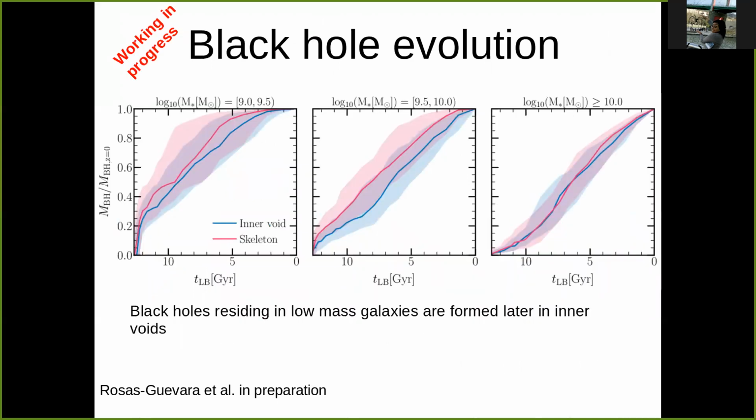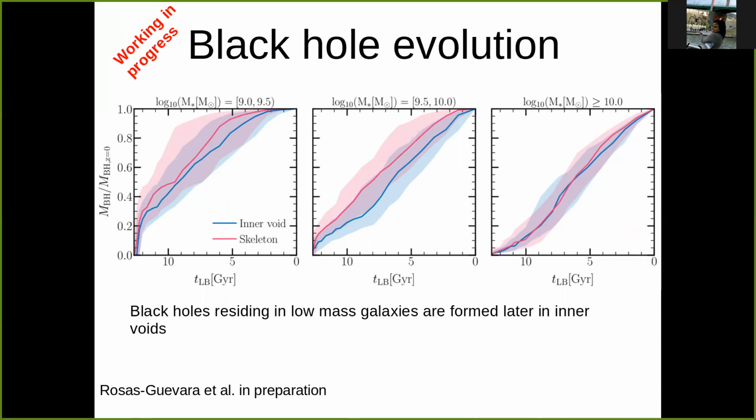We also explored the black hole evolution for the different stellar mass bins, and we see some differences in the black hole growth of the galaxies that live in inner void regions compared to a skeleton. In particular, we found that the black holes residing in low mass galaxies are formed later in inner voids than in skeleton galaxies.